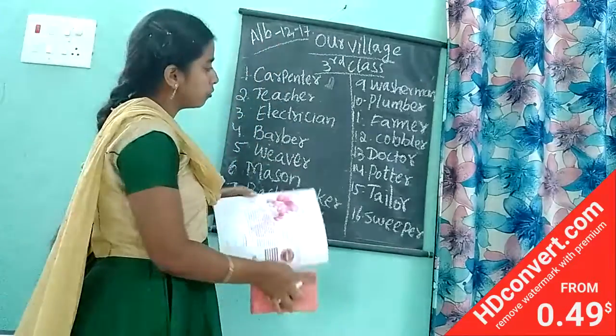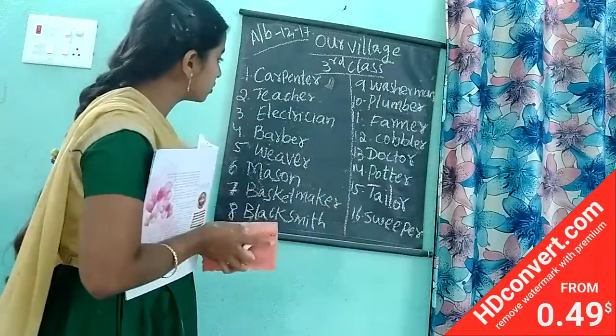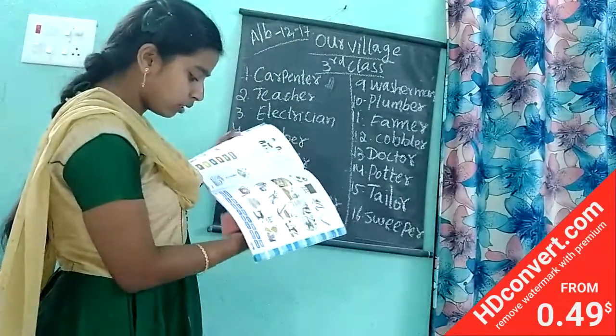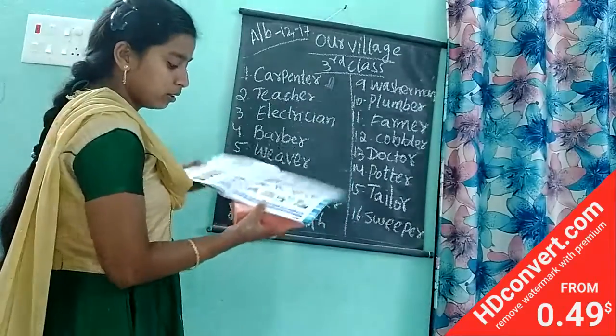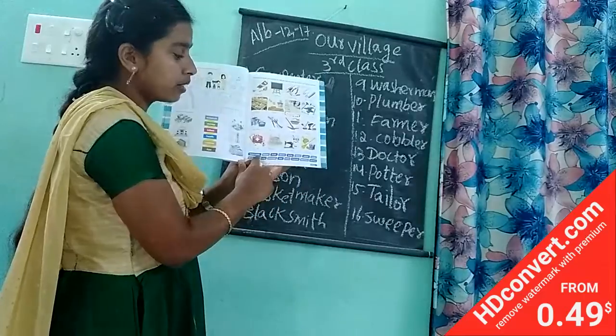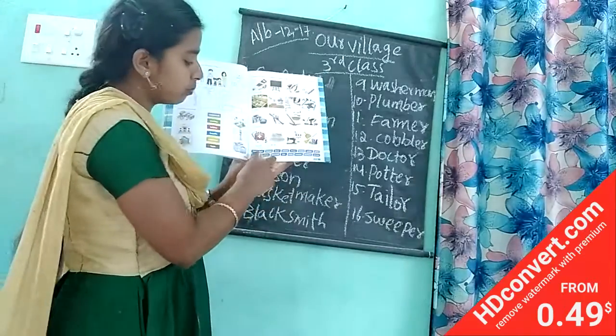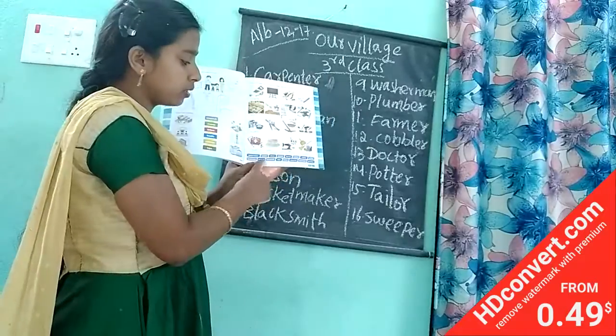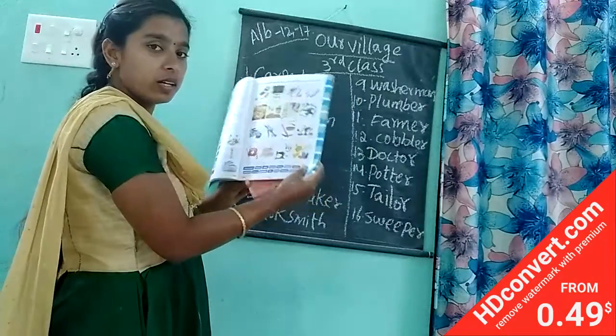If you have any doubt in these spellings, if you see here on the 15th page, down there the spellings are also there. By looking here you can write all the spellings. If it is not clear for you, the pictures are there, and the spellings are here. By looking at all these picture spellings, you can write this. Okay, children.